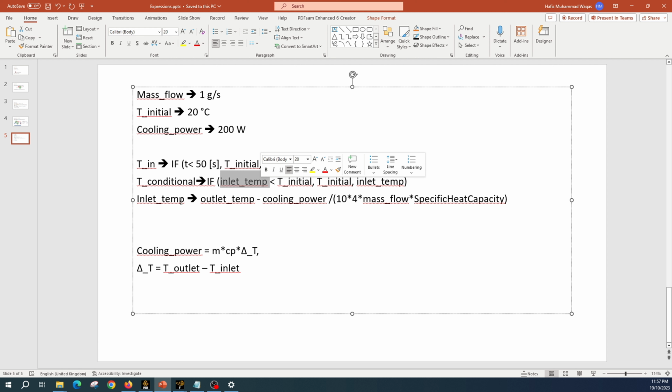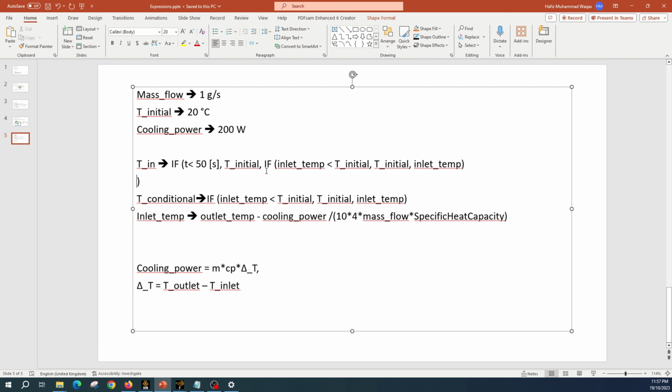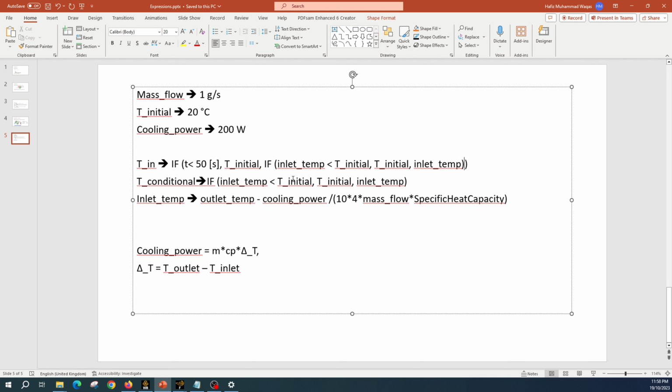For inlet temperature, it will come over here. We can bring everything into that one. For example, instead of T conditional, we can directly write this expression, so that would be true. So we can do a double if statement, and over here we can do another one, but that will become too complicated.